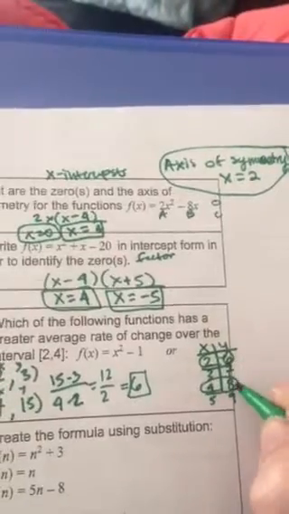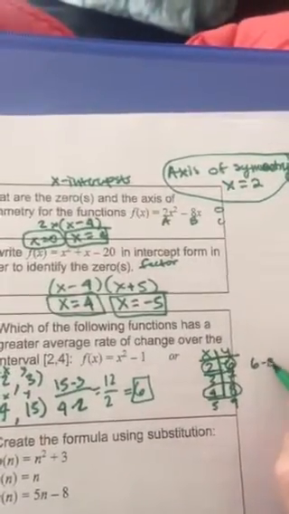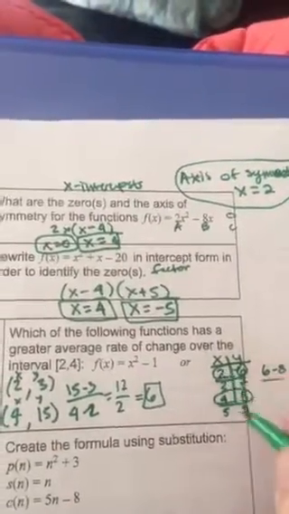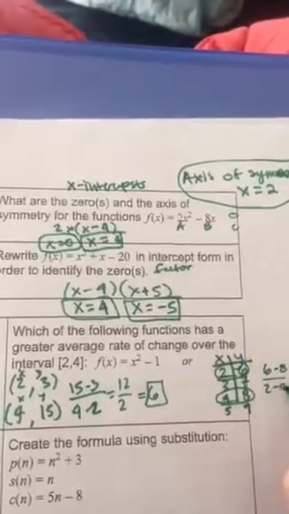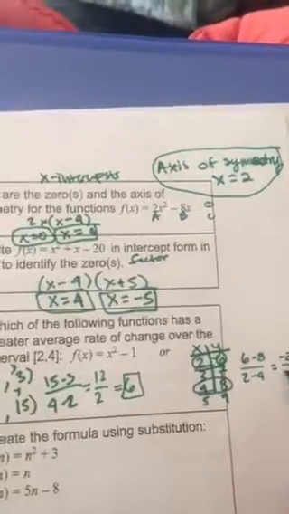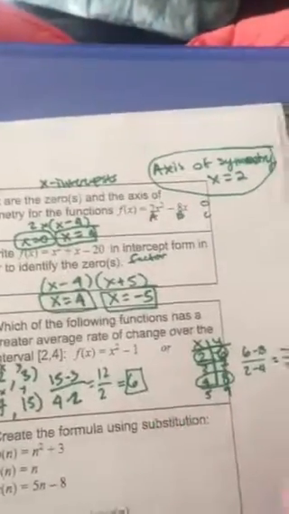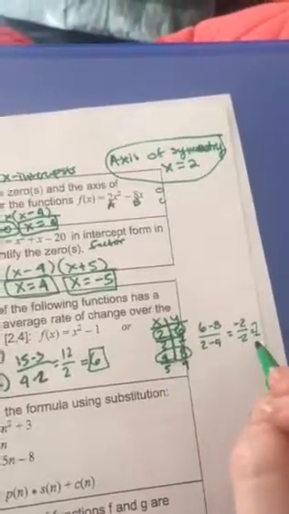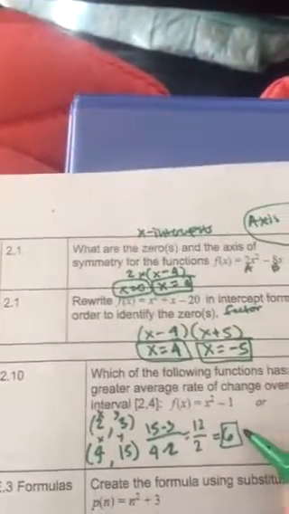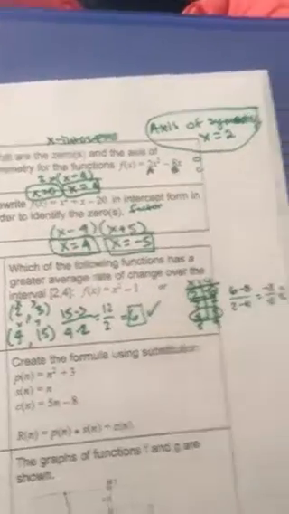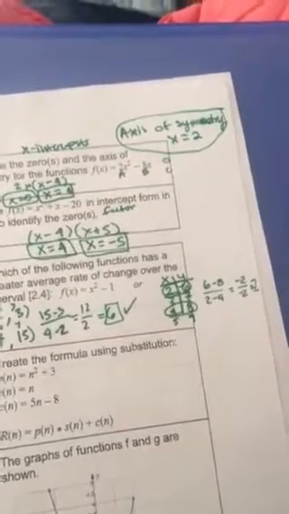So I would do y minus y over x minus x, negative 2 over negative 2 is a 1. Which one has the higher rate of change? 6 would be the greatest average rate of change. It's increasing faster.